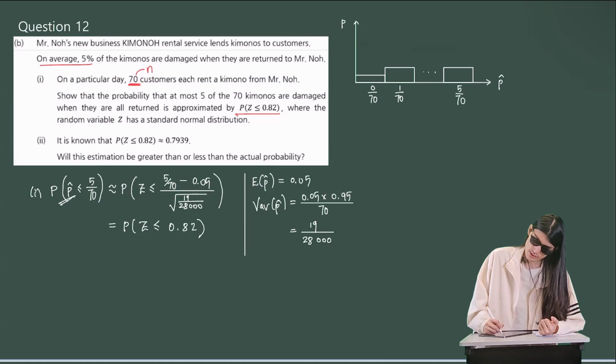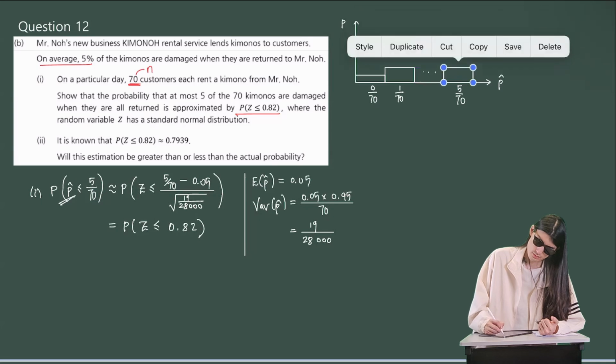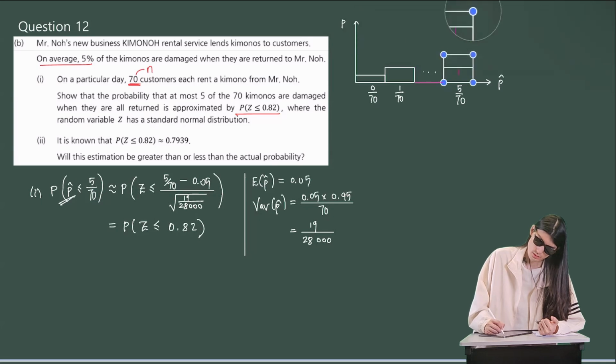You have your 5 on 70 over here. Like this.